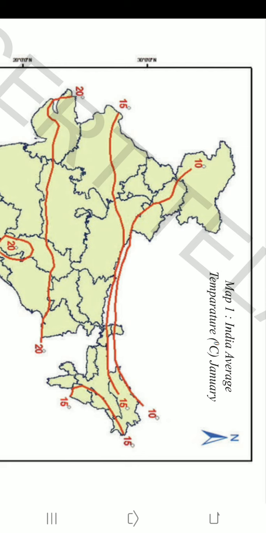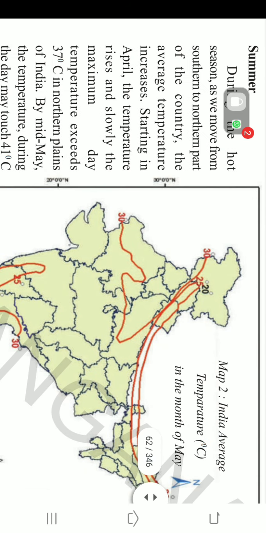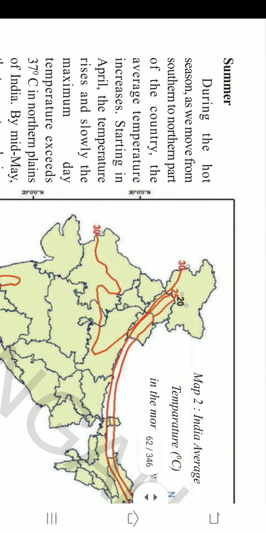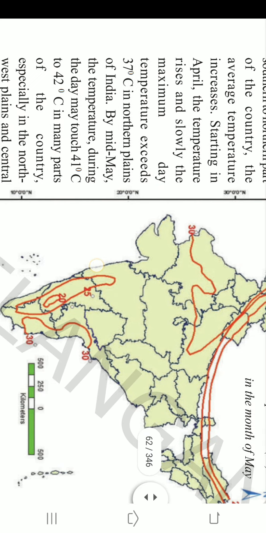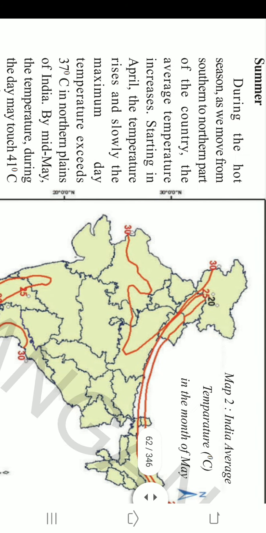How will the summer season be in India? The summer season starts in March. From March, it becomes very hot. As we move from south to north, the temperature increases.